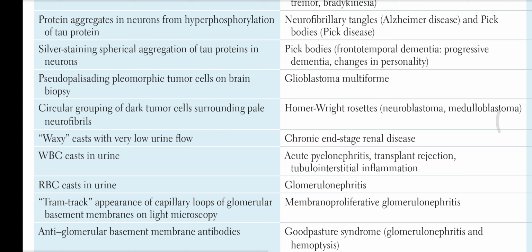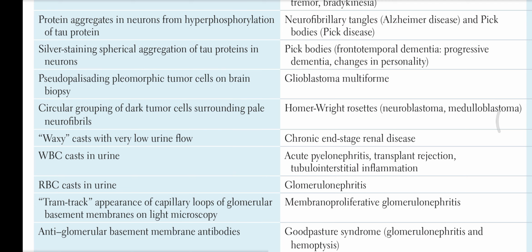Pale neurofibrils are surrounded by a circular group of dark tumor cells. It is called Homer Wright rosette.